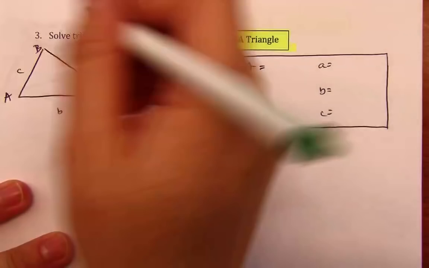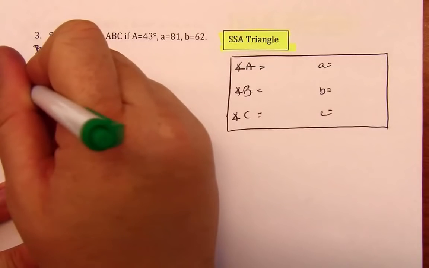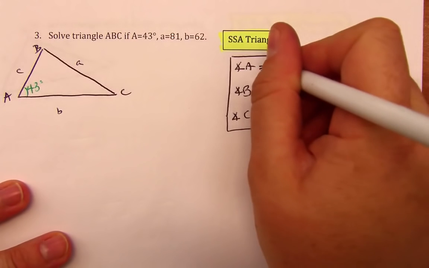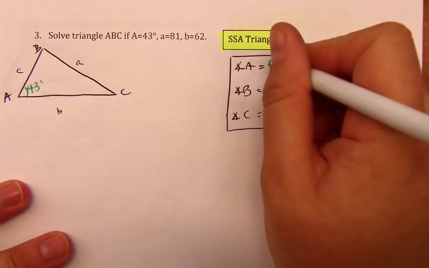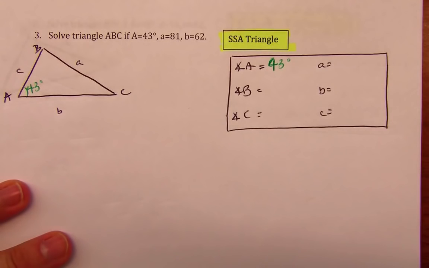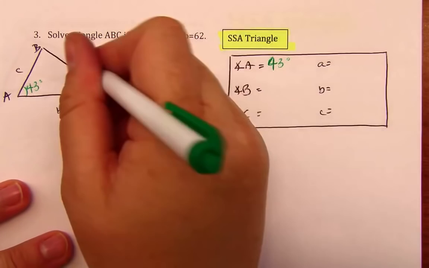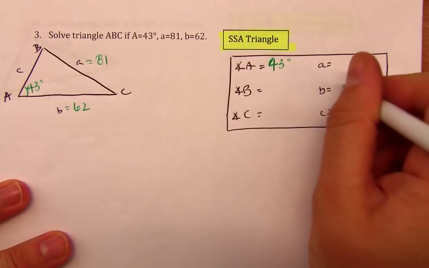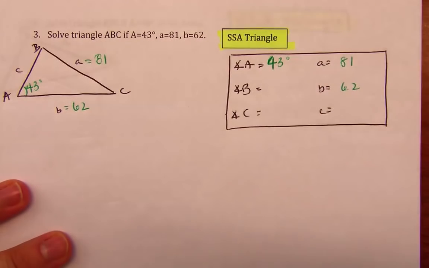So let's go ahead and fill that out. We have 43 degrees. Okay. And then a is 81 and b is 62. Okay. And now we're going to solve for our missing pieces.